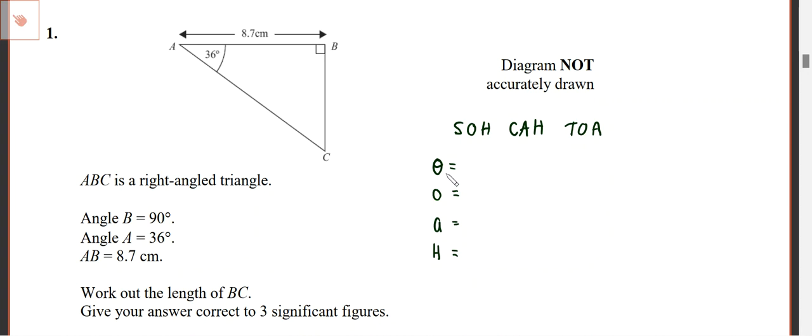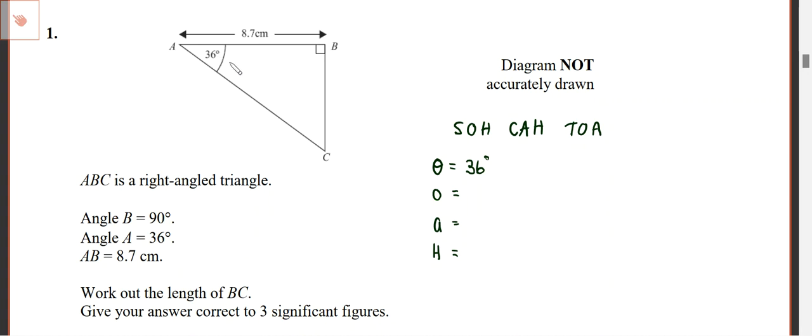So theta, I now look at my diagram and I decide, do I know theta or is it what I want to know? What do you think? We know it, and it is 36 degrees. So I'm going to write theta is 36 degrees. All right, the opposite side. Now I need to decide which one's the opposite side.